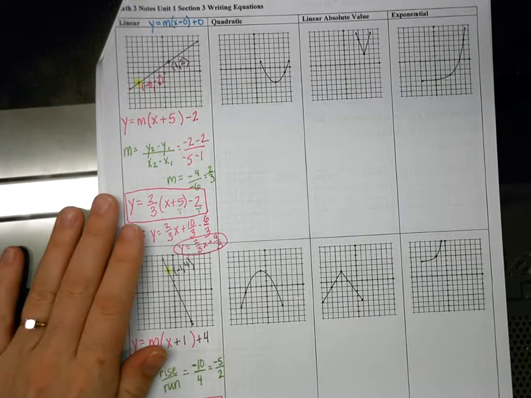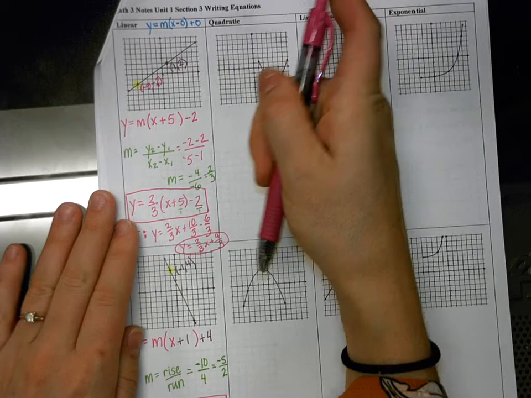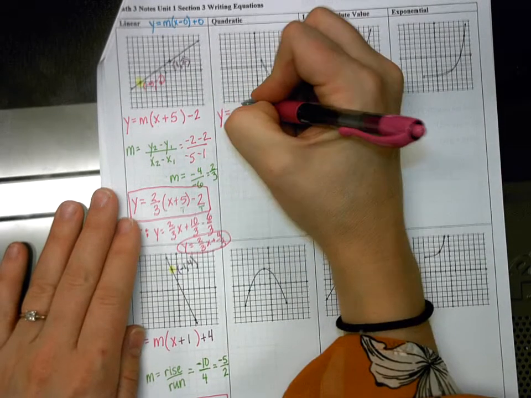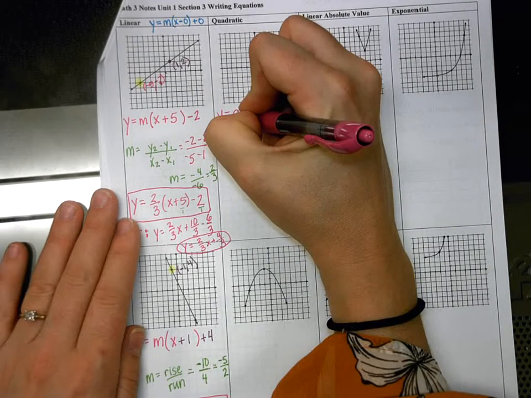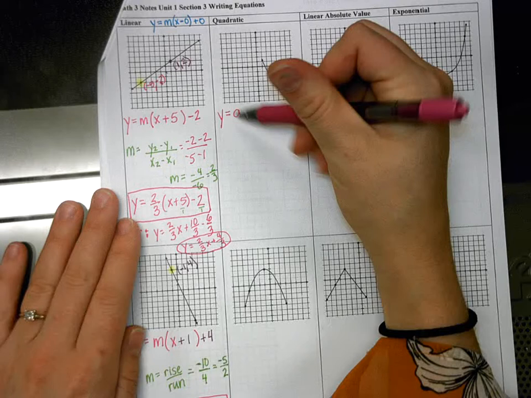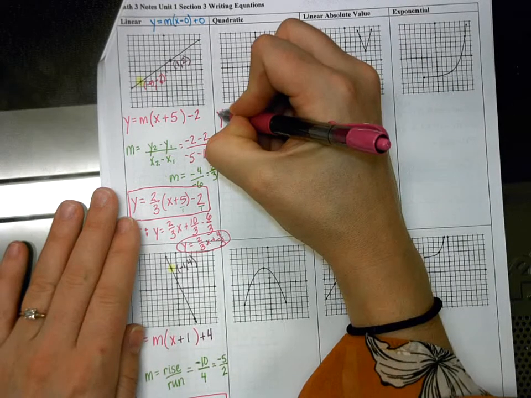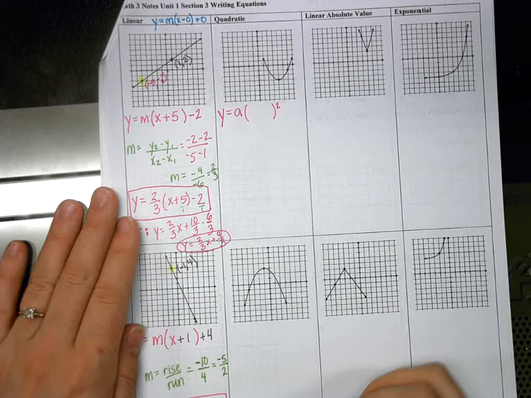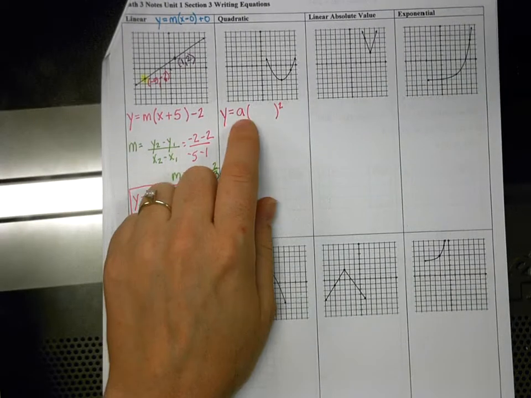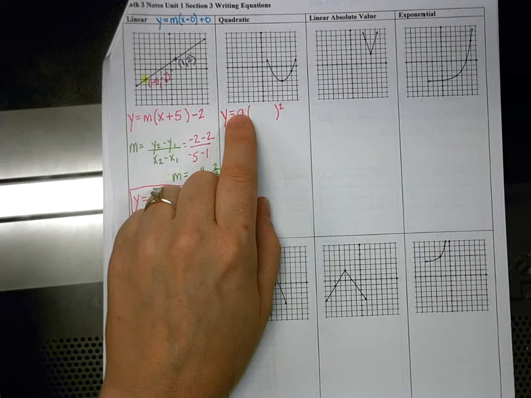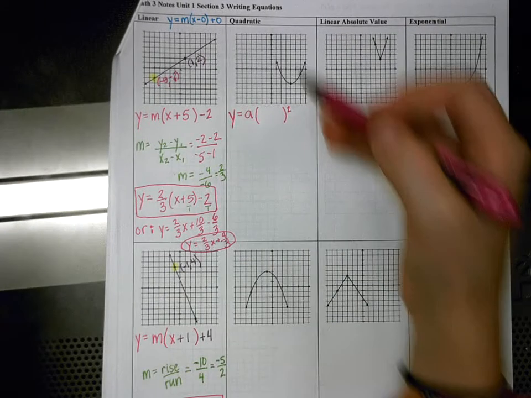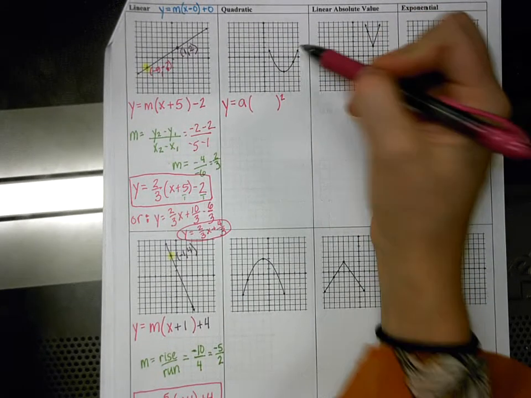So let's talk about our horizontal shift first. We're going to write our equation out. Remember to use an a value. The only ones with slopes are the straight lines, and this is quadratic, so it's a curve.